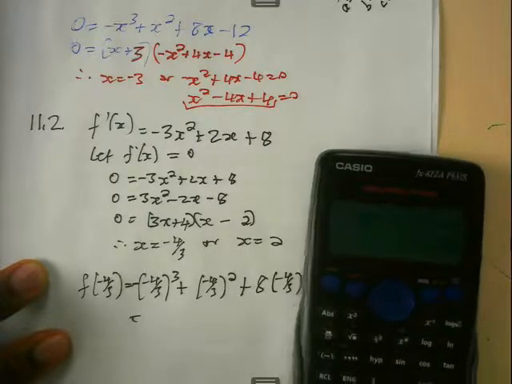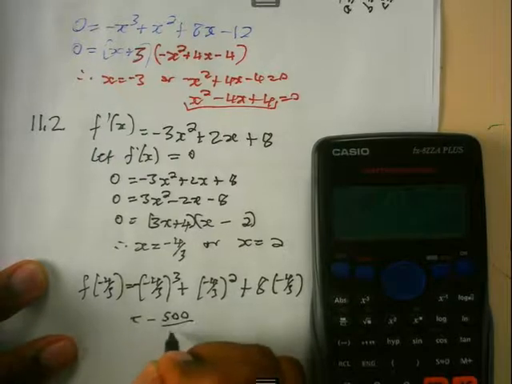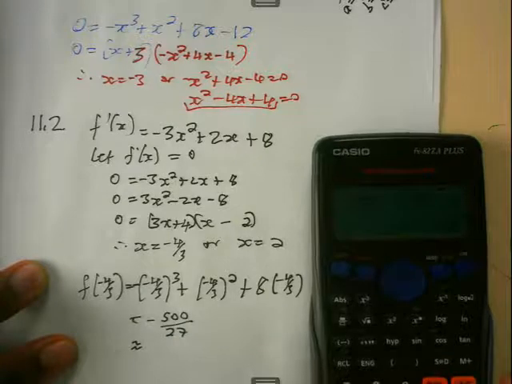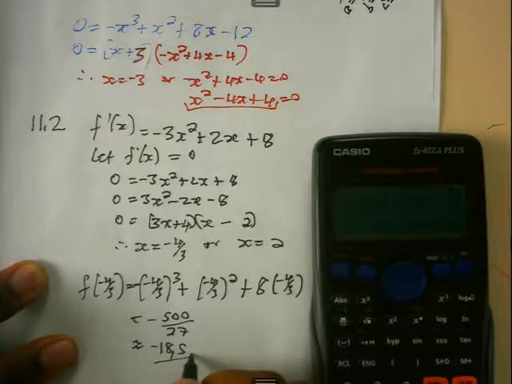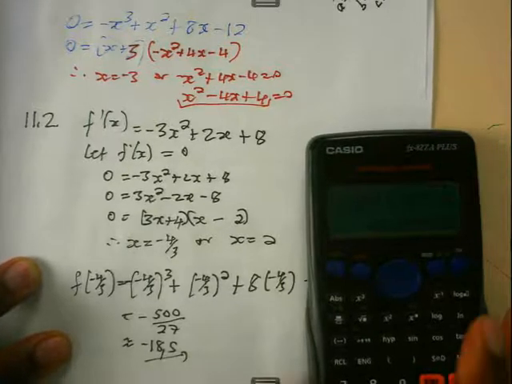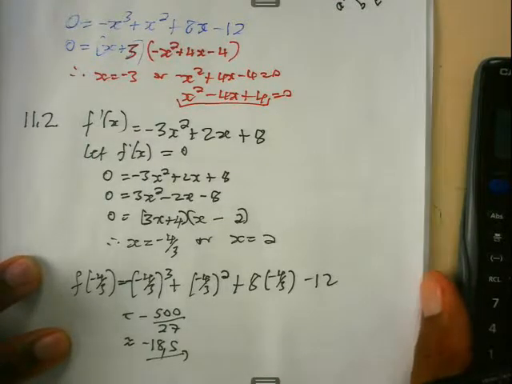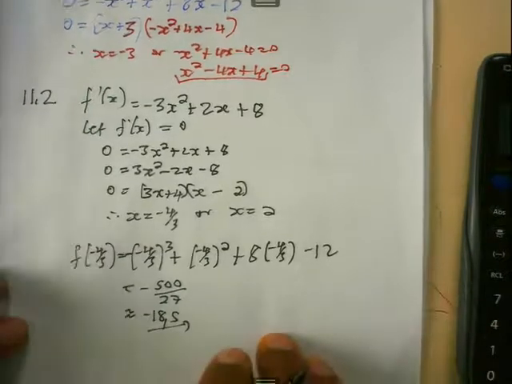Then we have minus 500 divided by 27, which when it changes to the decimal will be minus 18,5. Now we know that when x is minus 4 over 3, the y coordinate will be minus 500 over 27. Right, now we have the first one.